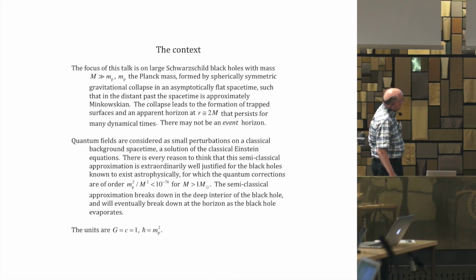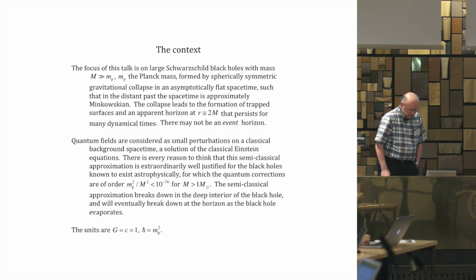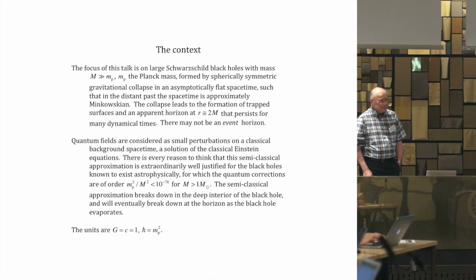The quantum corrections should typically be of order the ratio of the square of the Planck mass to the mass of the black hole. That's less than 10 to the minus 76 for M larger than one solar mass. So for any black holes we know about in the universe, the semi-classical approximation should be about as accurate as any approximation ever is in physics.